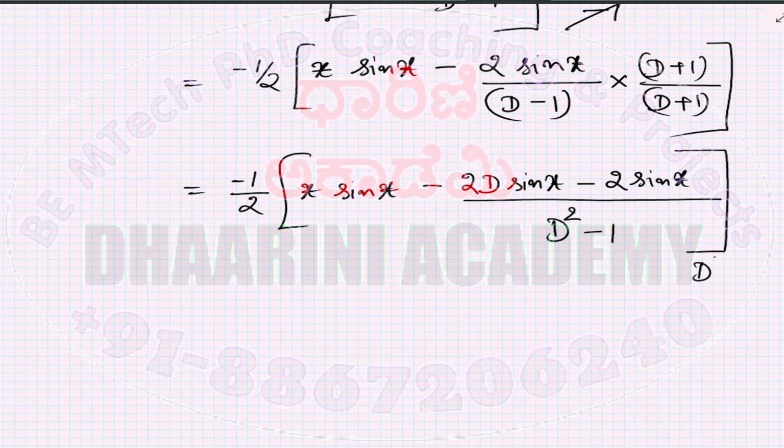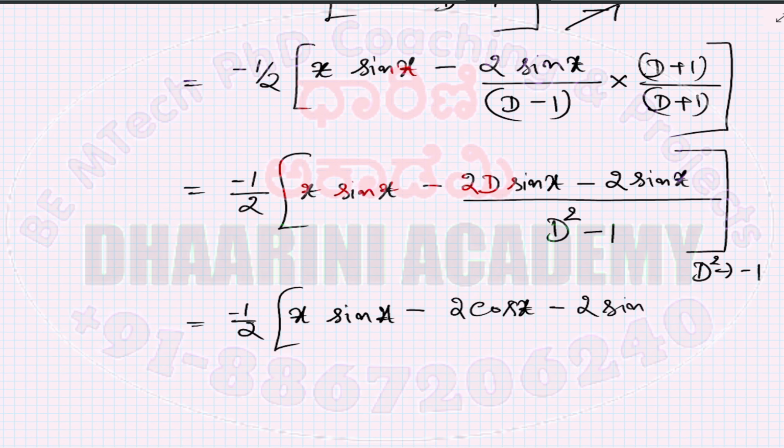So replacing D square by minus 1, because D square is minus a square, a is 1, right? So this is minus 1 by 2 into x sin x minus 2 times differentiation of sin x, which is cos x, so 2 cos x minus 2 sin x, whole divided by D square which is minus 1, so minus 1 minus 1 is minus 2.